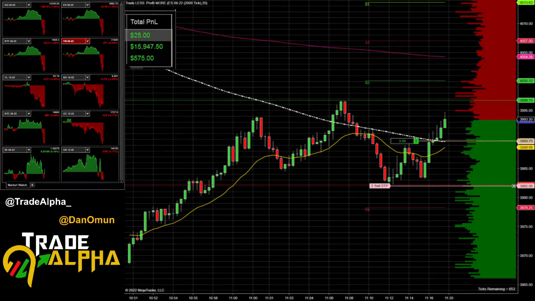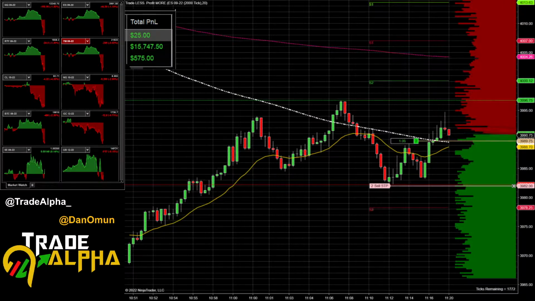So let's say it's 30%, a 20-point retracement. We've already got that, so how much further up can it go? Can it retrace the entire thing? We can only wait and see and trade what's in front of us.